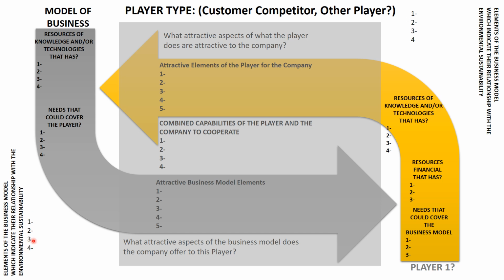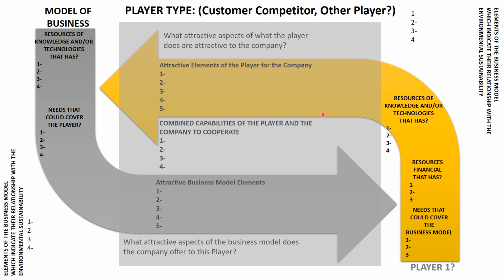In this case, you identify the most attractive sustainability elements of our business model. In the other case, it is a similar question, and you identify the most attractive aspects or elements of the player in relationship with the sustainability. It is the coevolution.